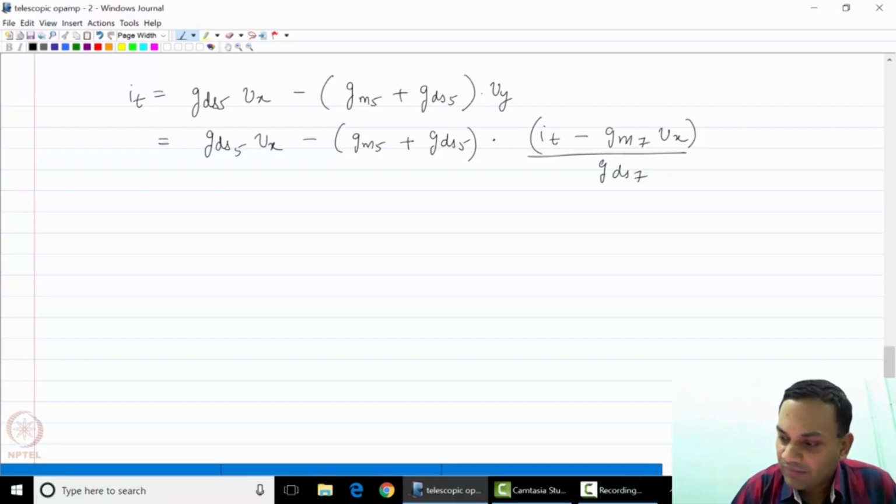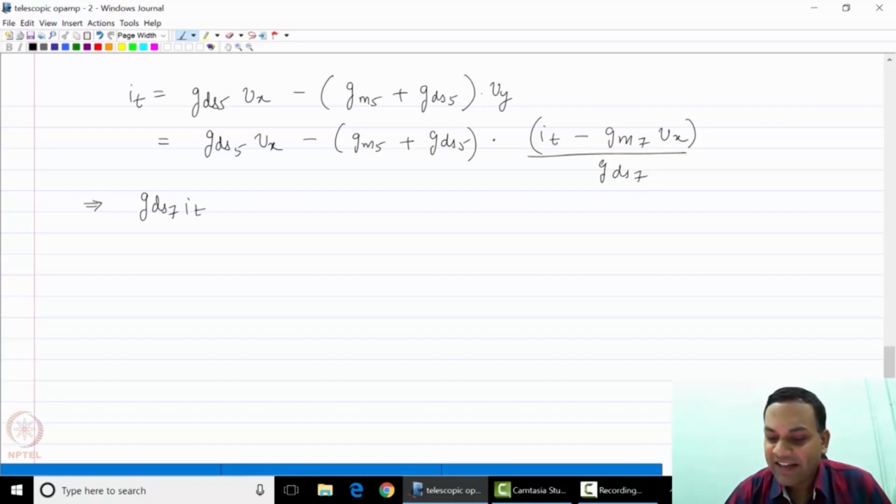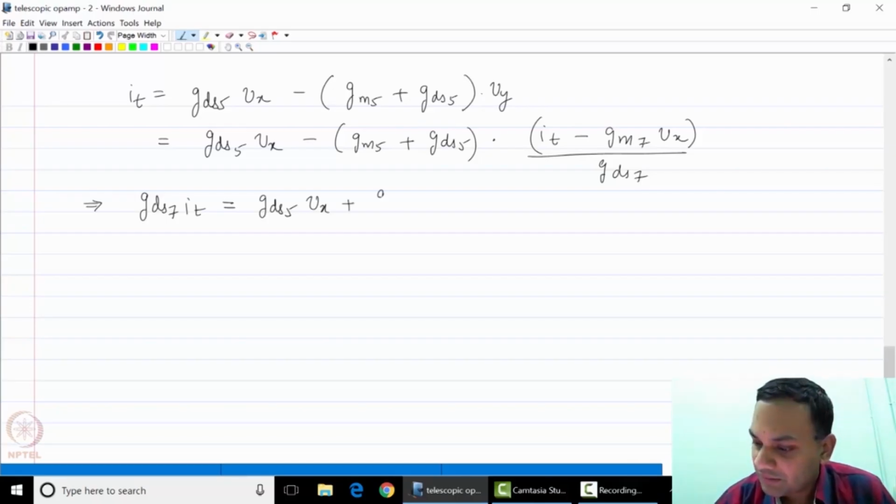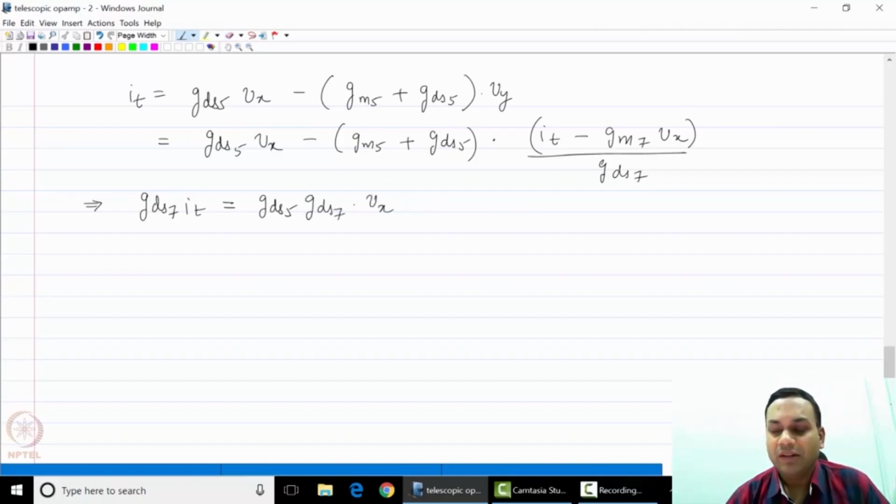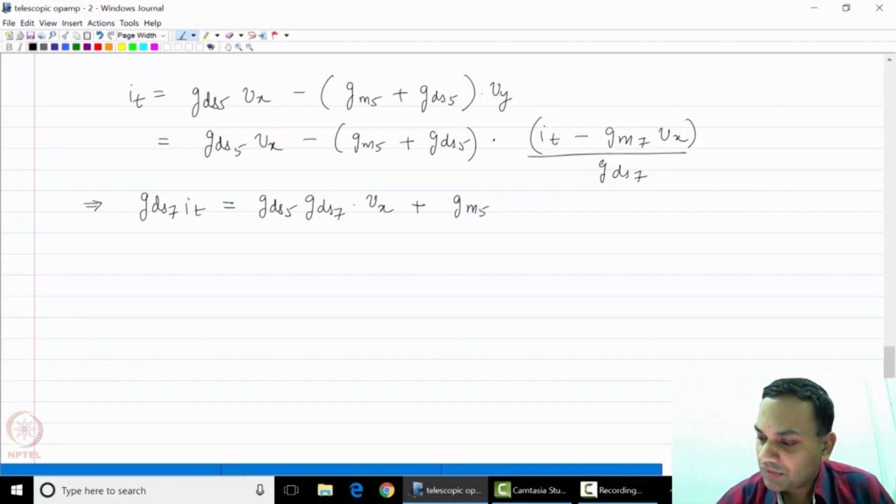Therefore, we can say that GDS7 It is equal to GDS5 Vx plus GDS5 into GDS7 into Vx plus Gm5 plus GDS5 into Gm7 into Vx.